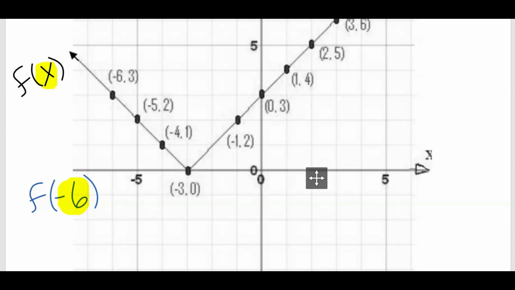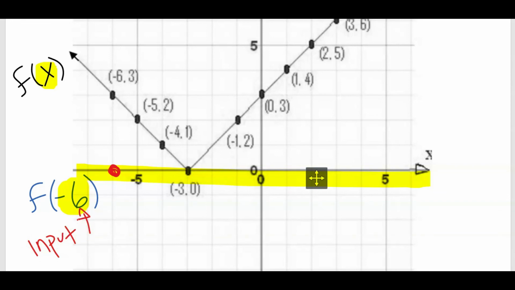And the x-axis is this horizontal axis right here. So I'm going to try to find where x equals negative 6. Okay, and they want to know the value of f of negative 6. That's a specific output. So remember, this is always an input. This number that they plug in right here, this is an input, and I should get something out of that.